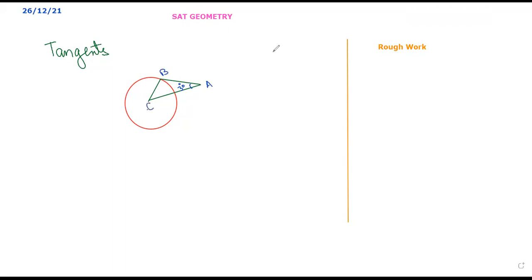Okay, so I'll write a few facts about it, which are given in the question: AB is tangent to the circle, and BC is the radius.